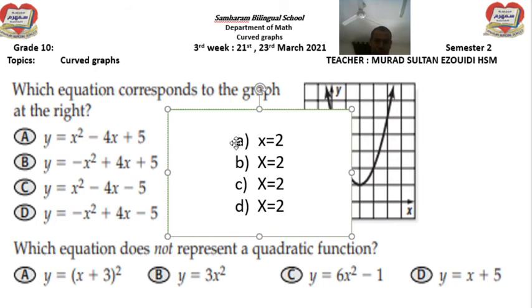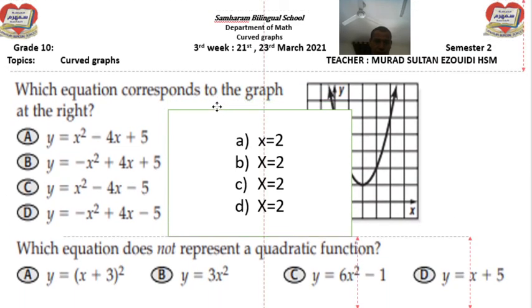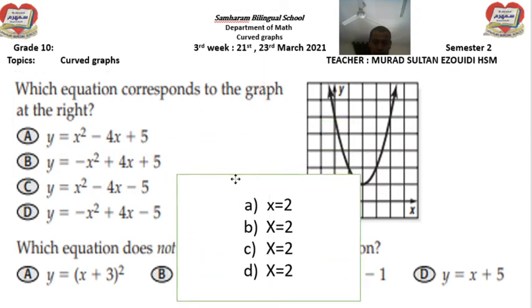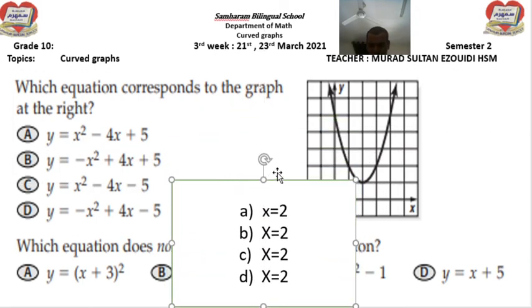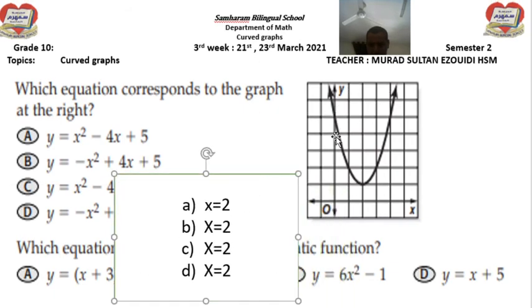Then we move to the second part. Look at the graph here. This is the x-axis and this is the y-axis. The axis of symmetry is x equals 2, correct.